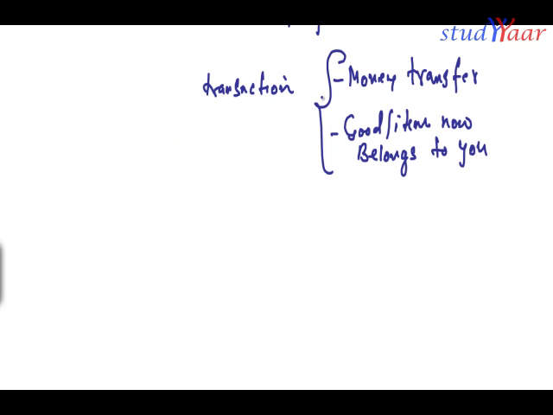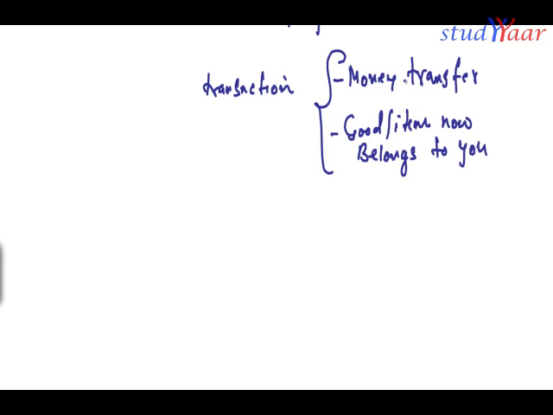Okay. So now let's suppose a scenario where these 2 steps are happening, but after the first step, say after the money has been transferred from your account to the merchant's account, the system crashes. The server at the merchant's end crashes. What's going to happen?